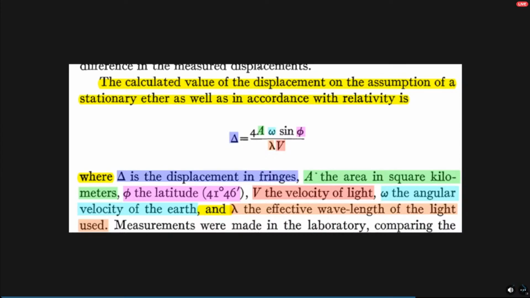So they say that the prediction of motion for ether is that there's going to be no fringe, and that the relativistic prediction is that there will be a fringe displacement, dude. Like, they flipped it so hard to get this explanation out, because it's crazy. So we'll move on here and do a quick recap.